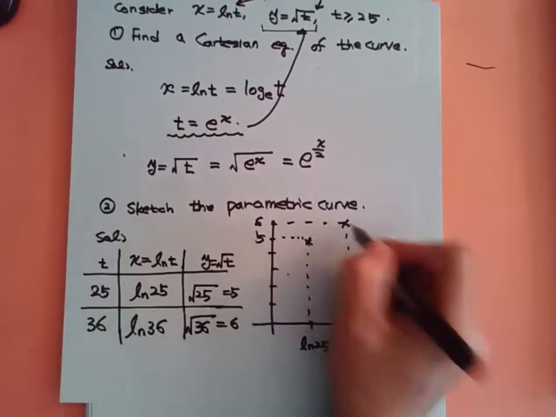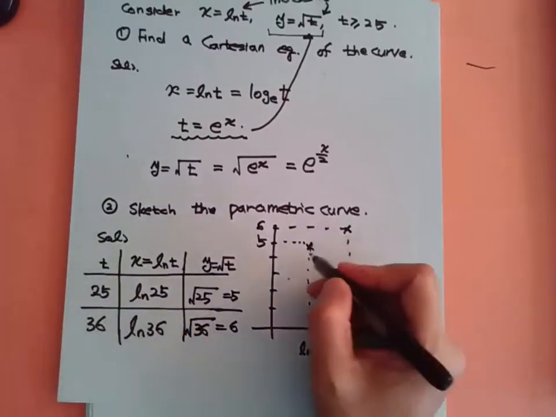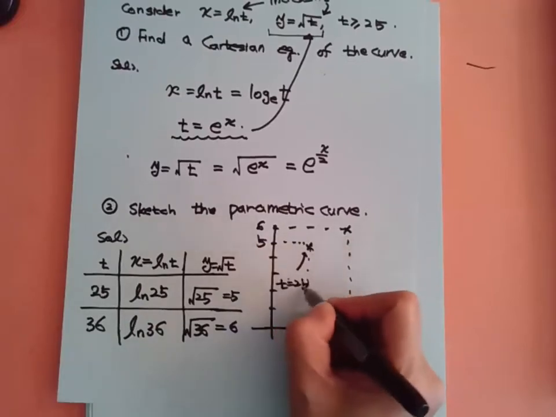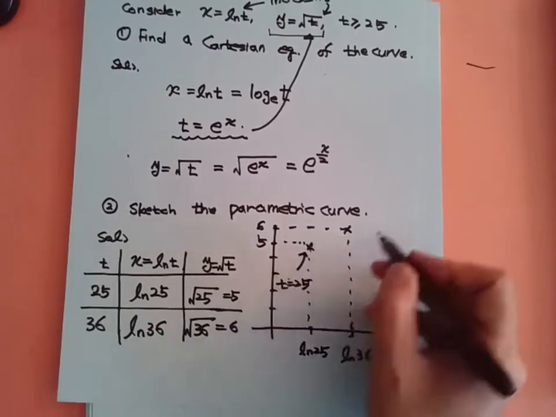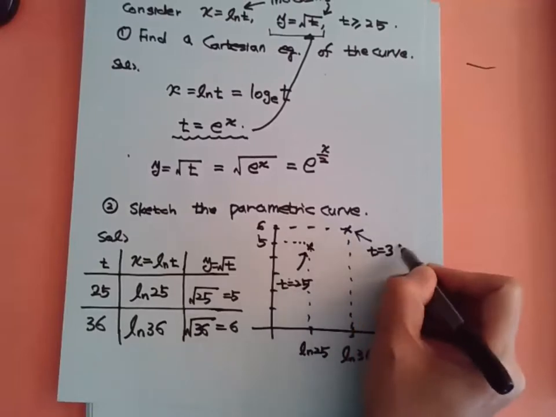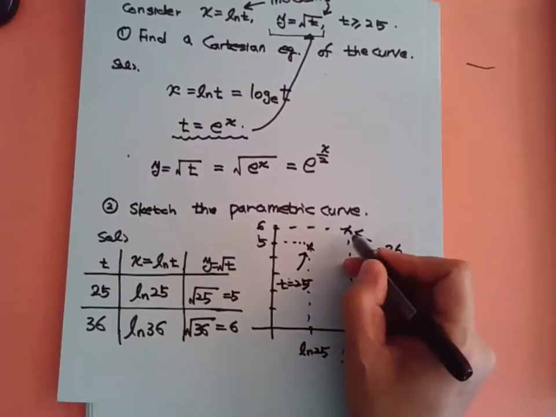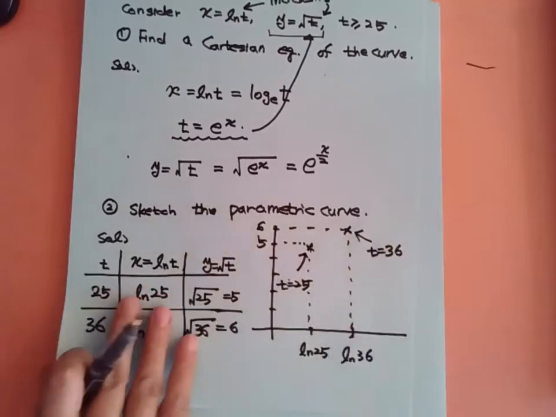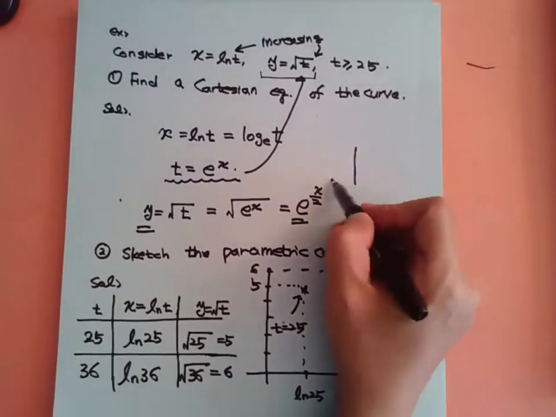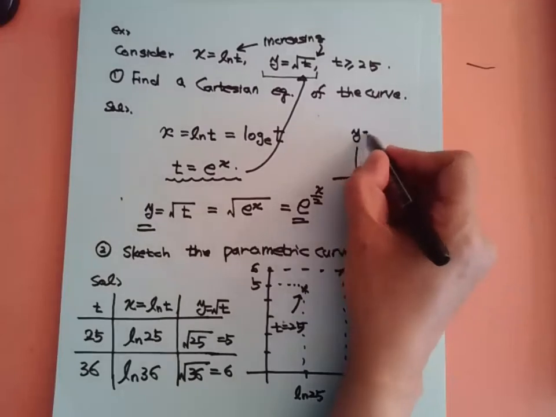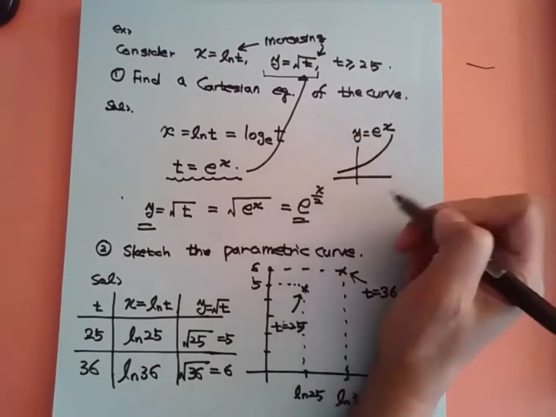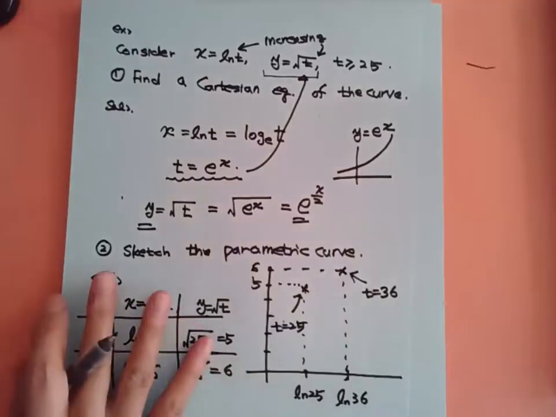What we know is t starts at 25. When t equals 25, the image goes to this point. And when t equals 36, the image will become this point. And y equals e to the something power. What we know is y equals e to the x power. That graph looks like this, right?